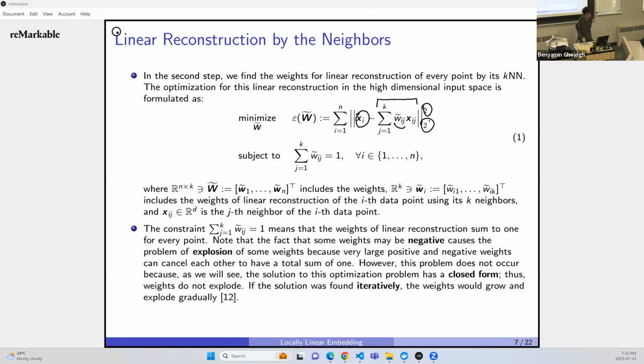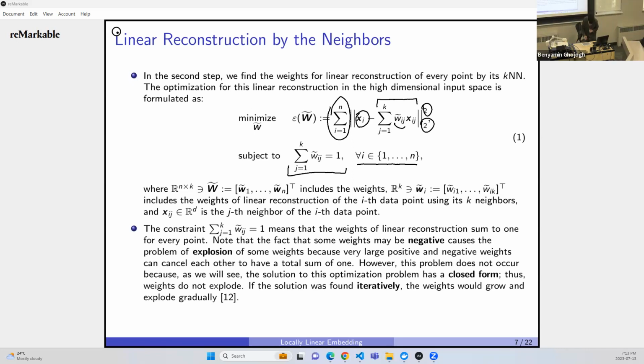And also I have a summation because I have n points. I want to minimize this distance while I want the summation of the weights to be 1, because I want every point to be a linear combination of its neighbors. Let the weights sum to 1, for all i from 1 to n, right?